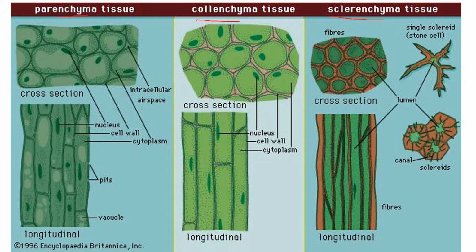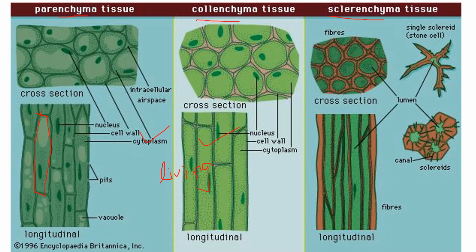You can see that the size of parenchymal tissue is very large, meaning they are not narrow. In our question, the cell should be narrow, and the very first condition is that it should be dead. We already know that parenchyma and collenchyma are living tissues, whereas we have to find the dead tissue. The dead tissue remaining here is sclerenchyma. So definitely the answer is sclerenchyma.